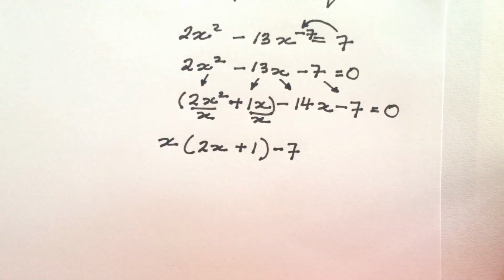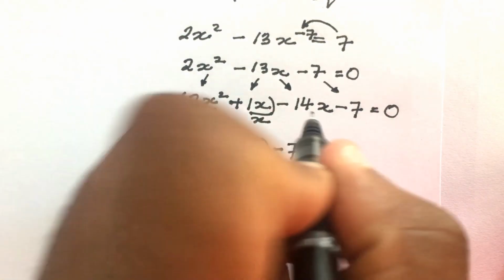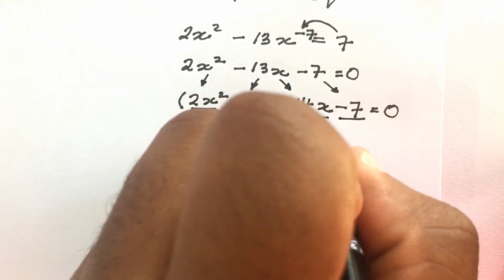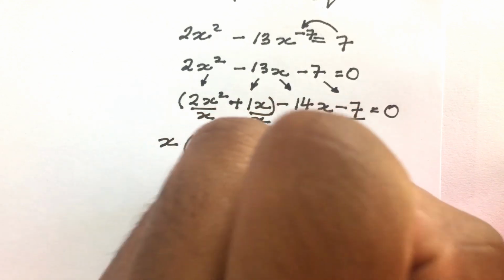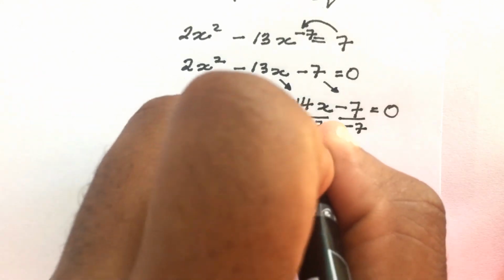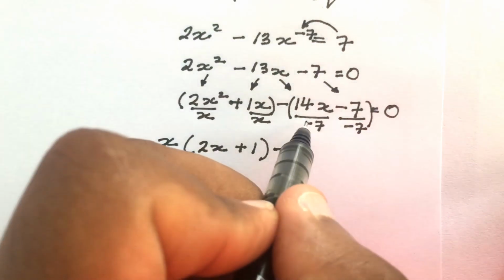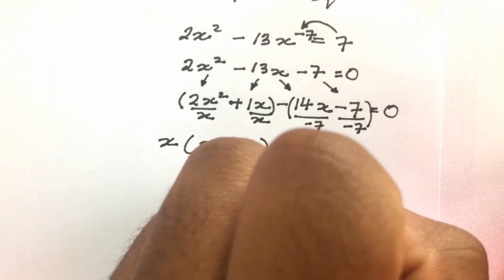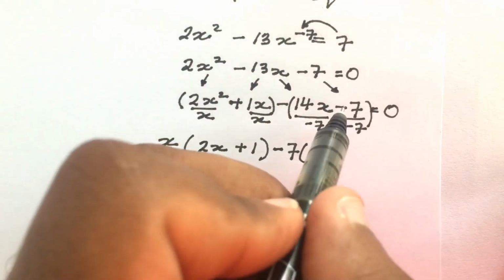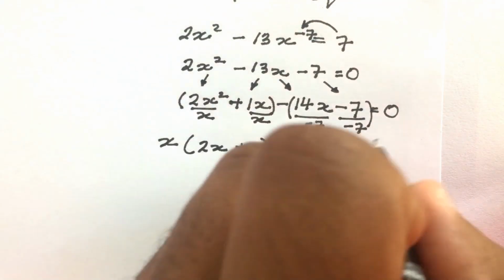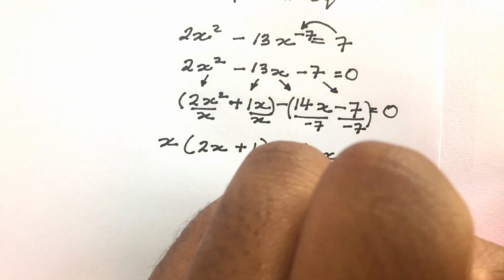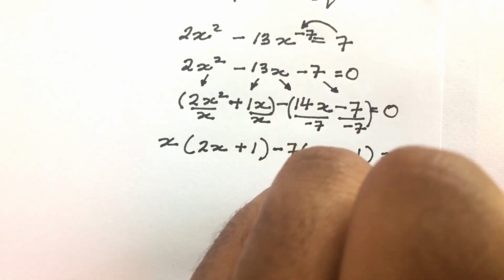So I can just quickly do that. Good. So I'm going to divide both of these by negative 7. Good. And this negative 7 into negative 14x goes 2 times, or 2x. And negative 7 divided by negative 7 gives us a positive 1. Good. And we're setting that equal to 0.